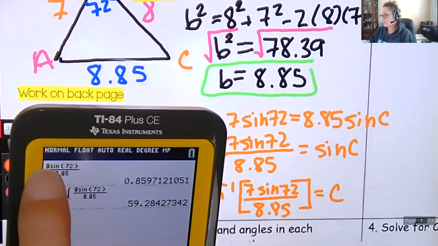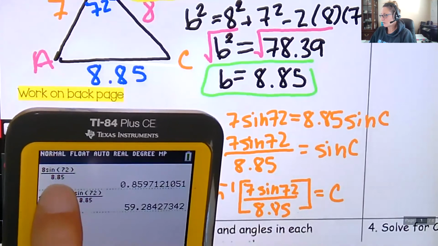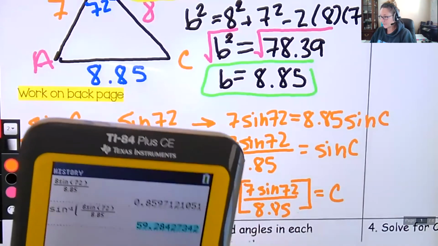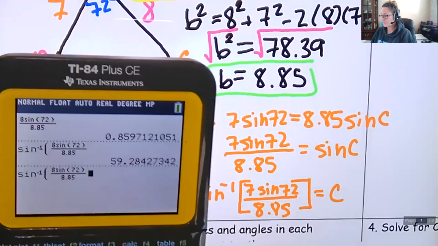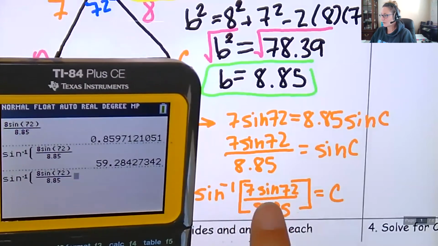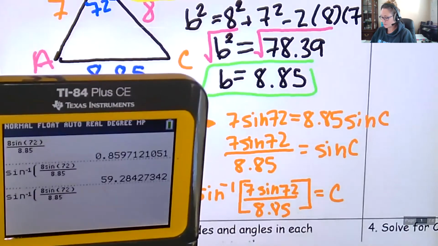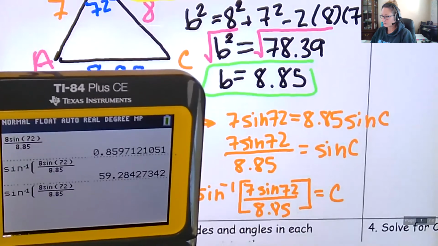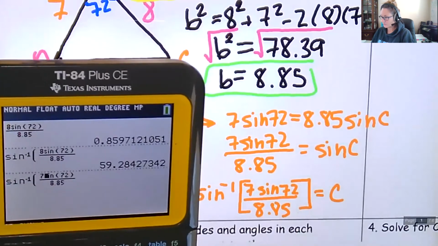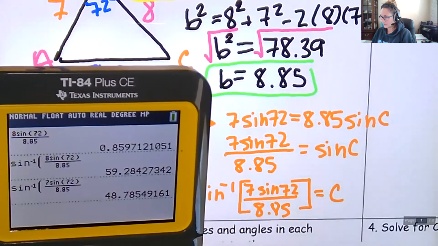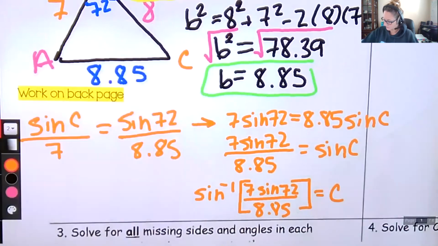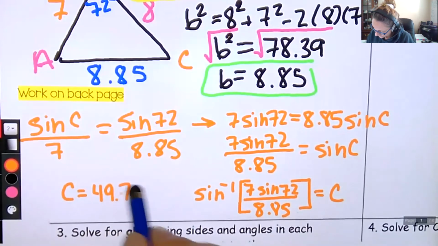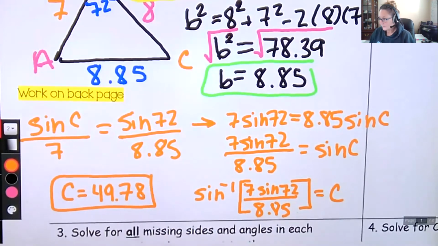If you look, I have 8 sine 72 over 8.85. So I'm going to actually come and snag this, which is sine inverse of, and I'm going to change this to a 7. And I get 49.78 degrees. So C equals 49.78 degrees.